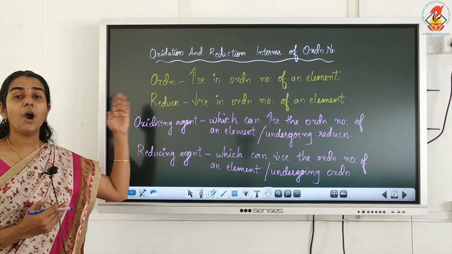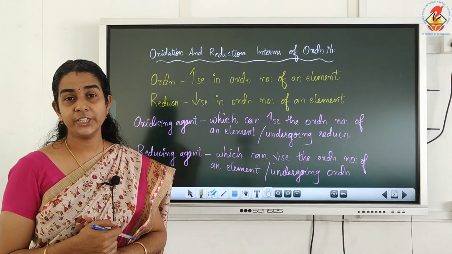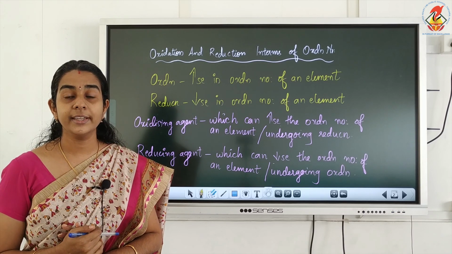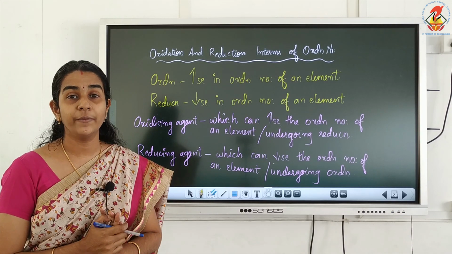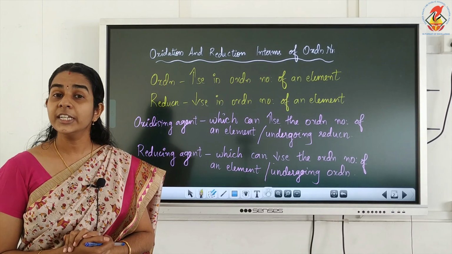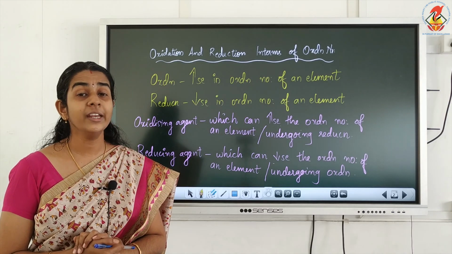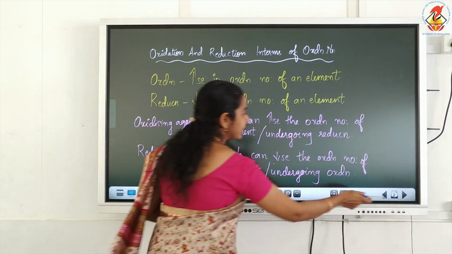So remember, oxidation represents an increase in oxidation number and reduction represents a decrease in oxidation number. That is the main thing to remember regarding oxidation and reduction in terms of oxidation number or oxidation state. Now there will be questions.